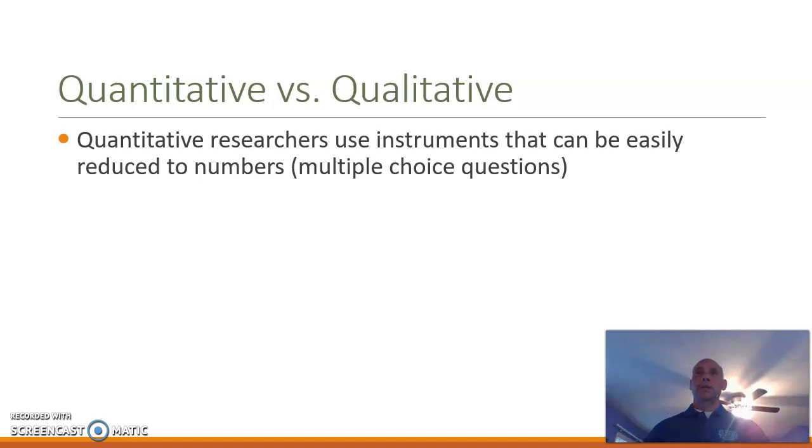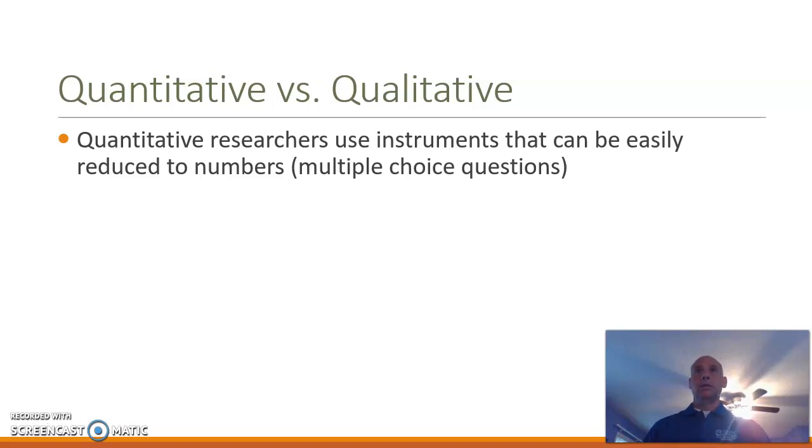So a lot of times you'll see, those things are called Likert scales. We use those Likert scales because we can run more sophisticated statistics on those Likert scales, because we can convert those words, very organized to very unorganized, and convert them into numbers. And so we can do those things with quantitative research. So think about anytime you can get information into numbers, then we can run statistics.